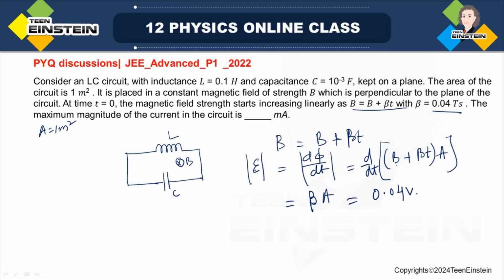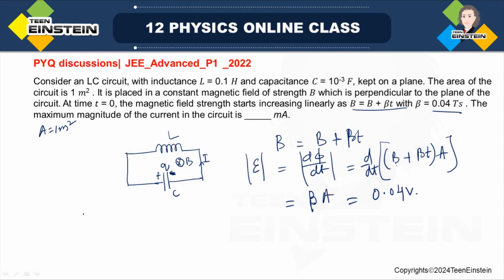Okay, EMF. Now this EMF will actually drive the current in the circuit, this LC circuit, and therefore this capacitor will get charged. Okay, and let us say the capacitor has charge Q at t equal to 0, and the current flowing in the circuit is I. Okay, and I have to find out the maximum magnitude of the current in the circuit.